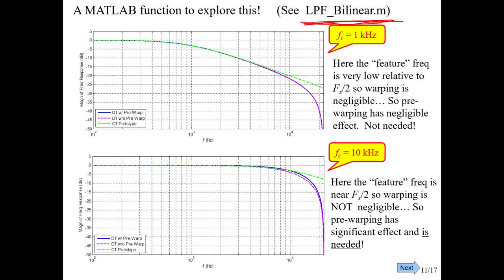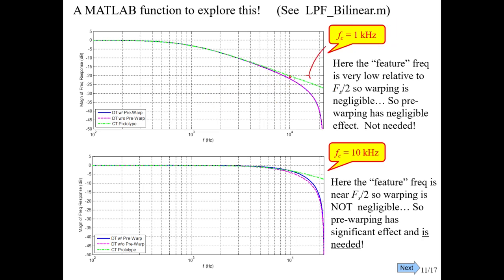And I did it for two different cases. The first case is with an fc that's pretty low. And this was for an fs equal to our classic 44,100 hertz. And so here's our desired prototype.